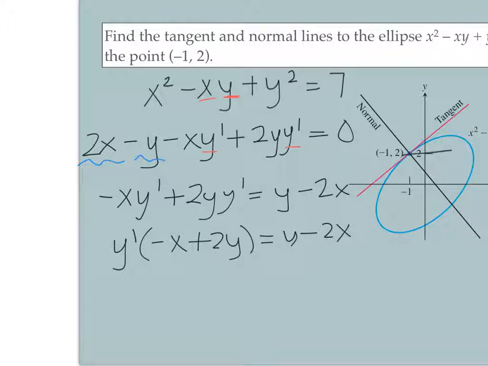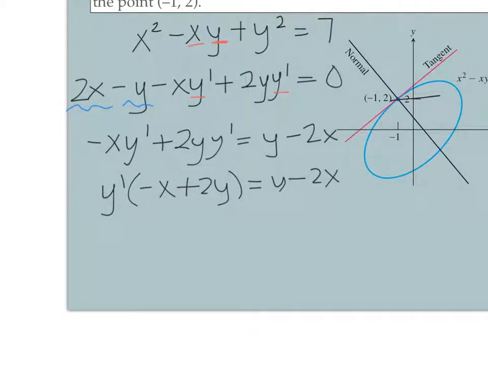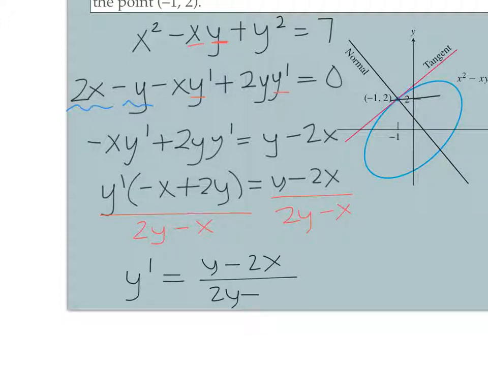Now I'm able to divide by negative x plus 2y, or 2y minus x, however you want to think about it. So y prime here is y minus 2x over 2y minus x.